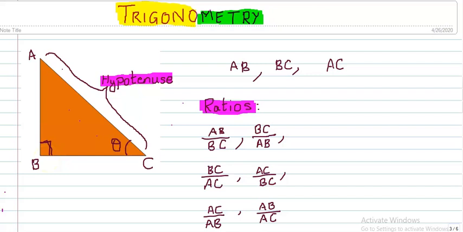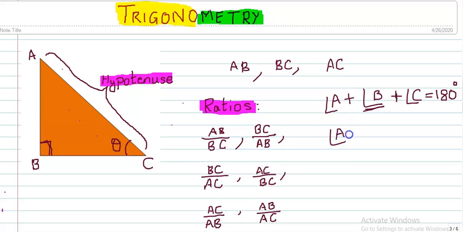How are we sure about it? We know that the sum of the three angles of a triangle is 180 degrees. Angle A plus angle B plus angle C is equal to 180 degrees because the angle sum property of triangle states that sum of the three angles of a triangle is equal to 180 degrees. But in this triangle, angle B itself is 90 degrees.